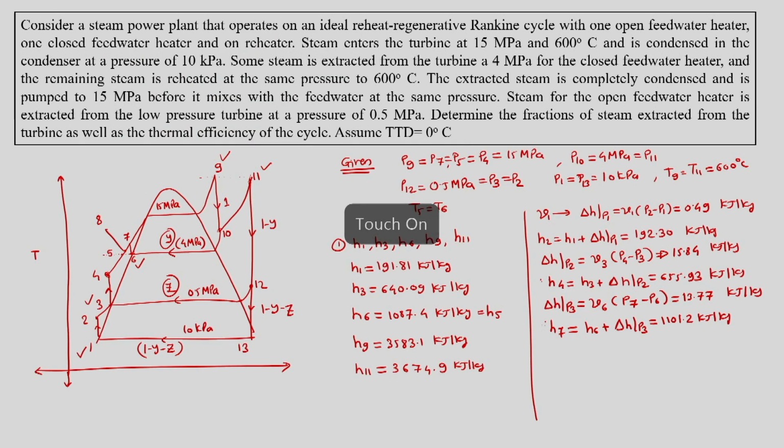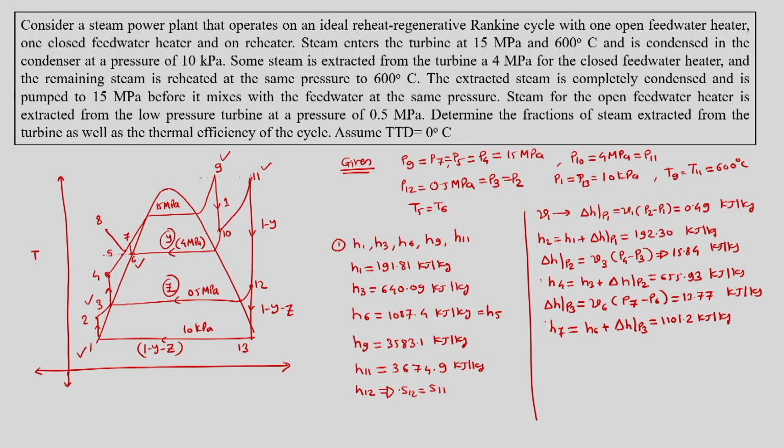This gives us z to be 0.1312. Here we would have found out H12 with the constraint that S12 is equal to S11.